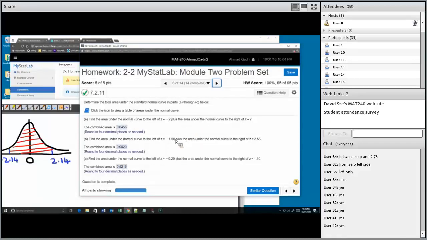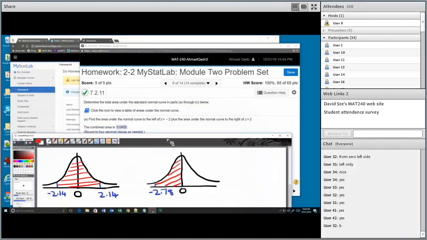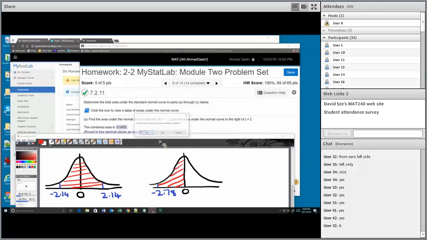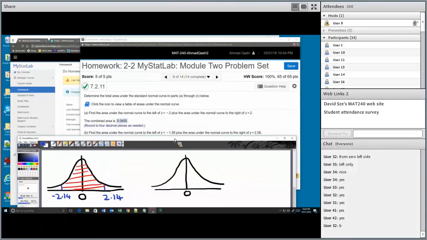Minus 2 and 2, minus 1.58 and this. Okay, let's do B. So here's B, and how about I just do it on this? So part B says between Z minus 1.58 and 2.58.